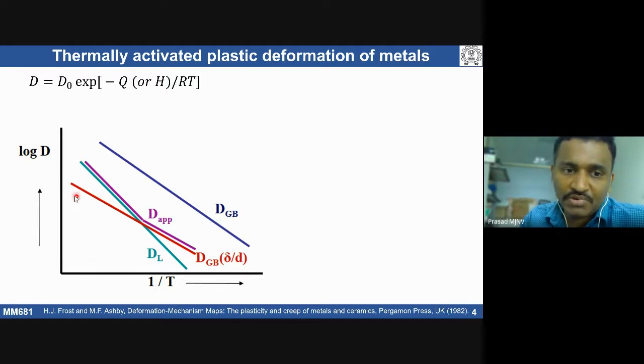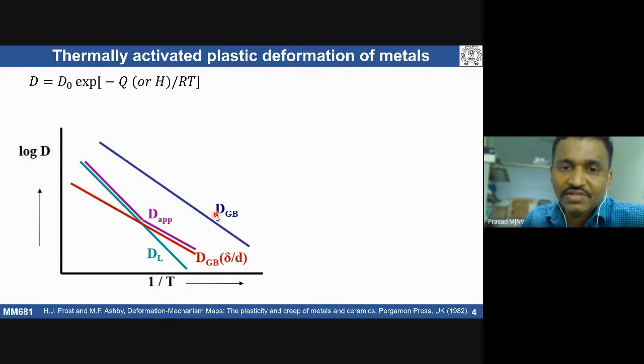For example, if I take this DL and this DGB, the respective slopes will give you the activation energy for diffusion through the lattice and the activation energy for diffusion along the grain boundaries. So we'll have QGB and QL respectively.